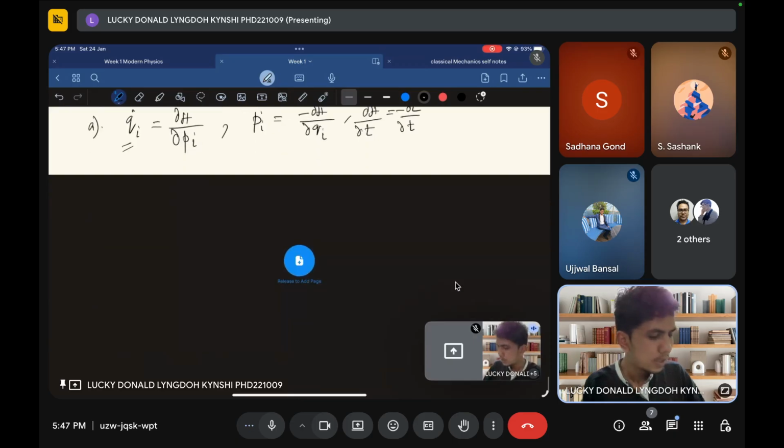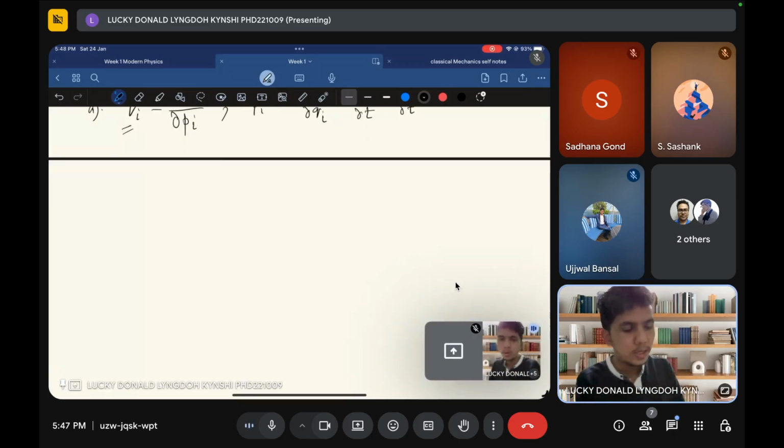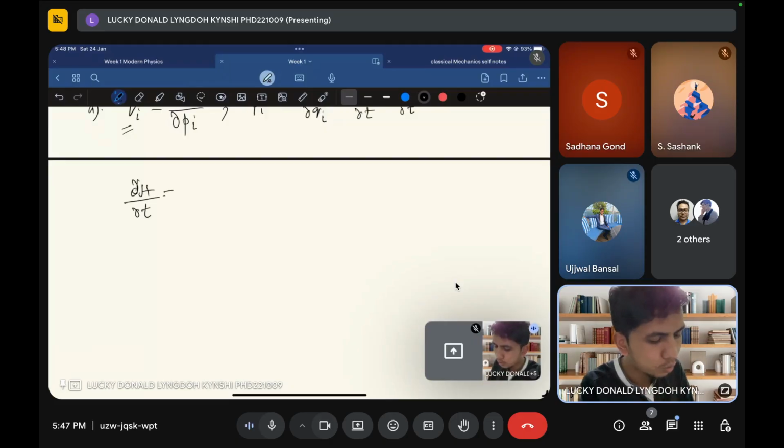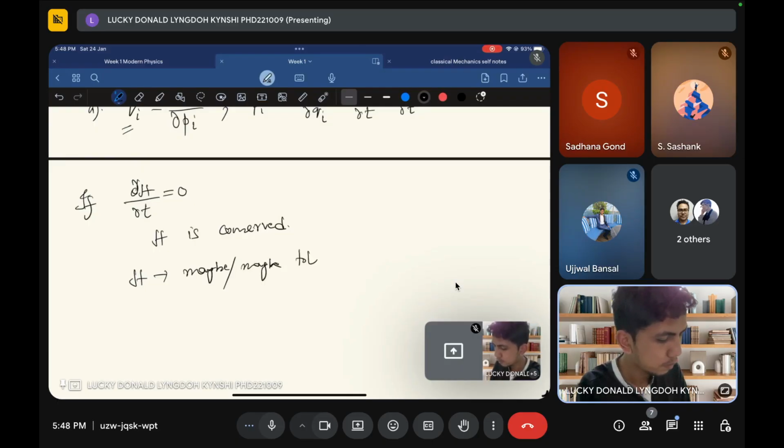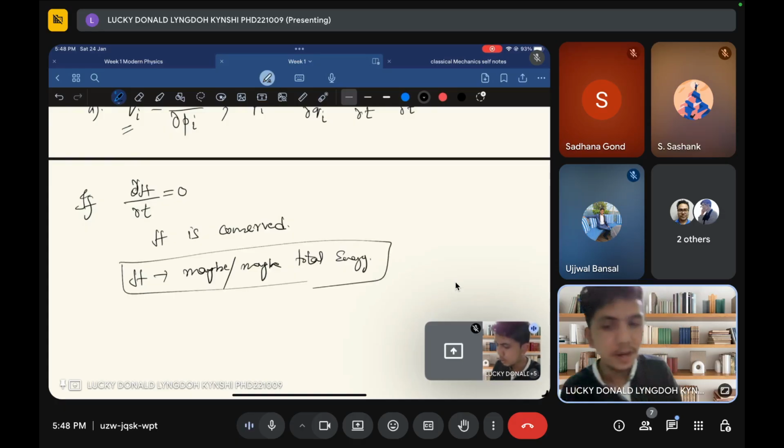Now, there is one more idea: the Hamiltonian with del H by del t equal to 0. If del H by del t equal to 0, then what happens? Then it means that H is conserved, right? H may or may not be the total energy, but it shows that your energy term is conserved.